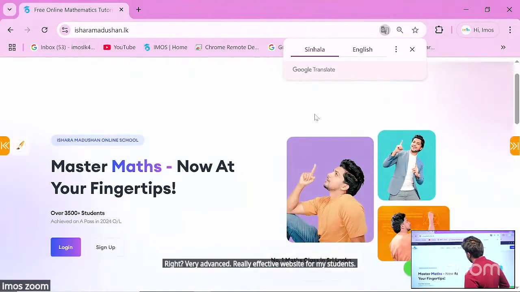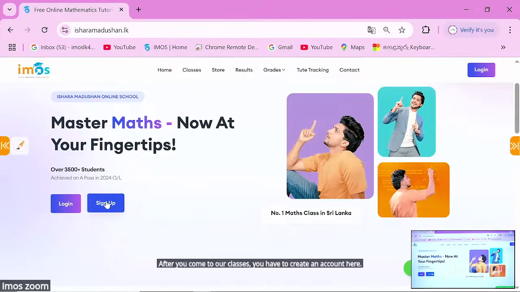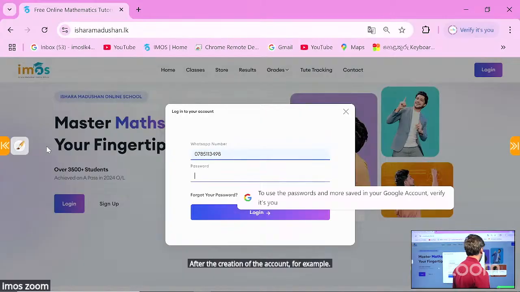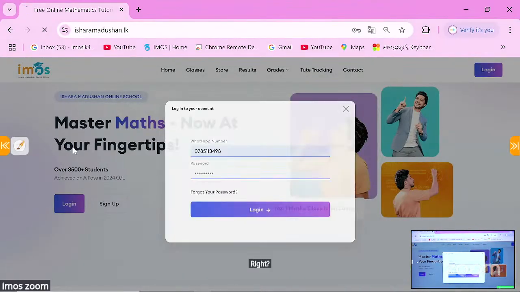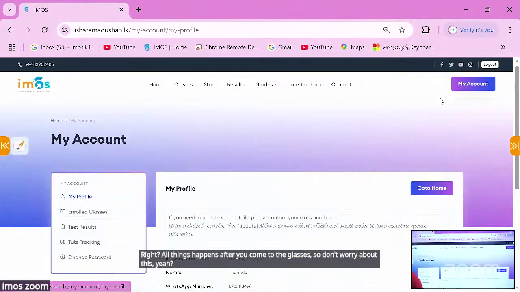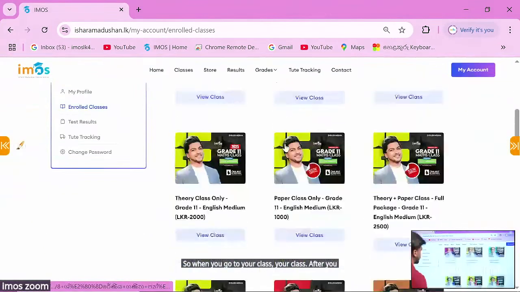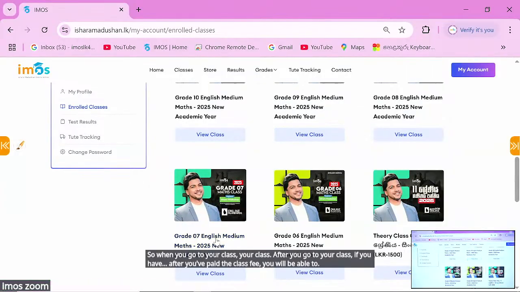isharamadushan.lk. After you come to our classes, you have to create an account here. After the creation of the account, you can log into your account, right? All this happens after you come to the classes, so don't worry about this. After you go to your class and pay the class fee, you will be able to go to this.